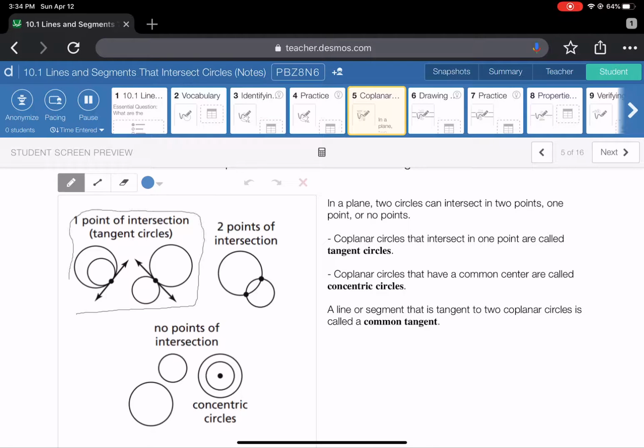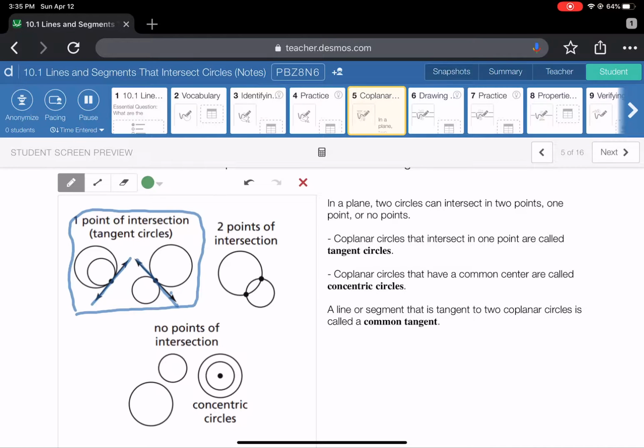If the circles have only 1 point where they intersect, so if I draw 2 circles and the circles only touch at 1 point, we're going to call these tangent circles. Just like the tangent line, if we draw a line where the 2 circles cross, that line right there is a tangent to both circles because it only passes through each circle 1 time.